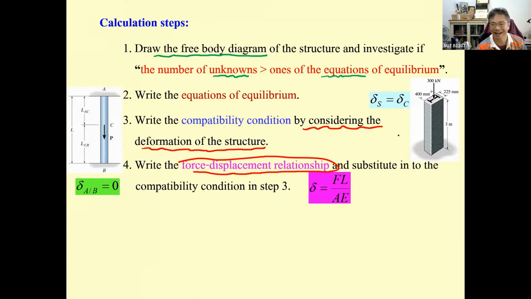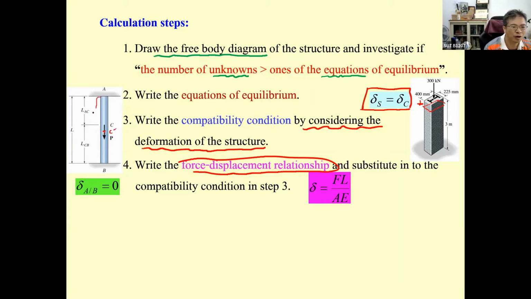And that is over here. This is the compatibility, the shortening of the column and the steel. They are going to be the same. For this one, the C will be the C prime.